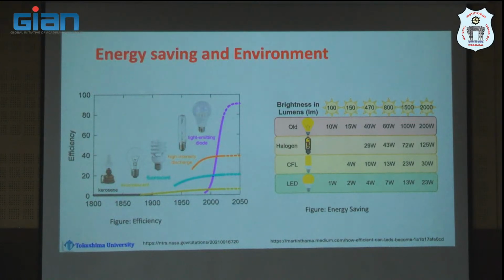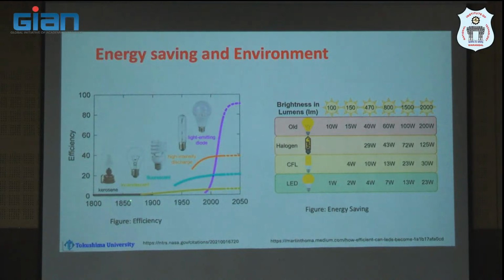When we started creating light, first we created it like this. We were using kerosene or oil and some kind of cotton strip, and we were creating such lighting thousands of years ago.